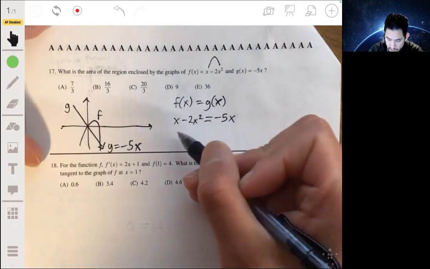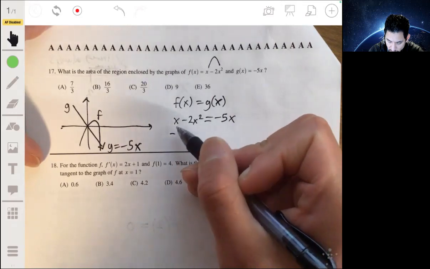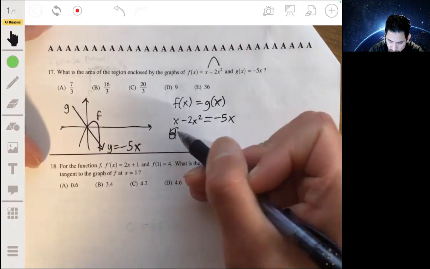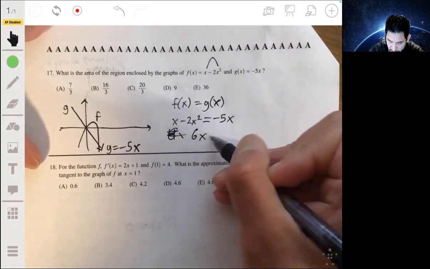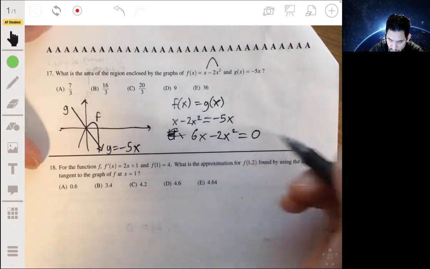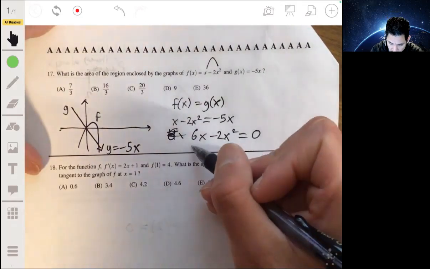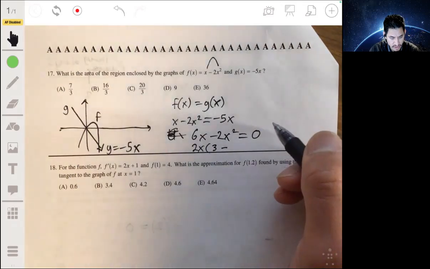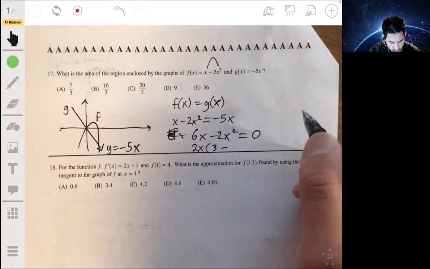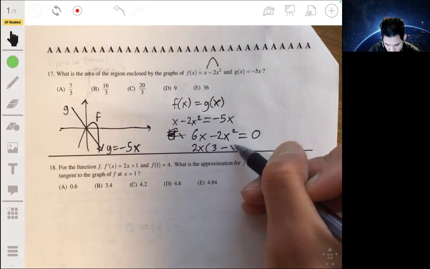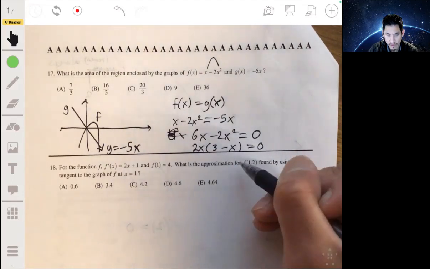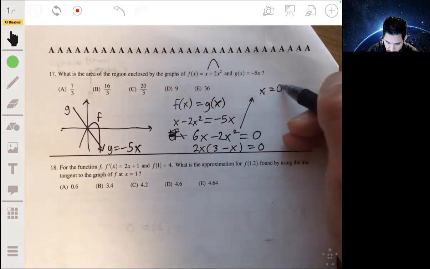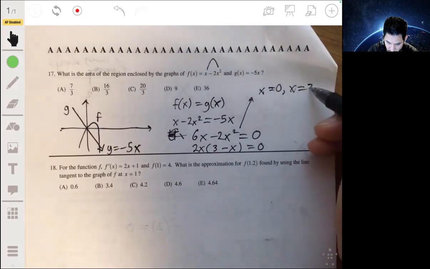So here we add positive 5x, and we get 6x minus 2x squared equals 0. Factor out a 2x, you get 2x times 3 minus x equals 0. Solving for the zeros, x would be 0, and then x would be 3.